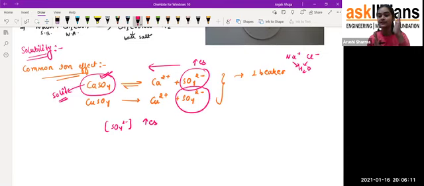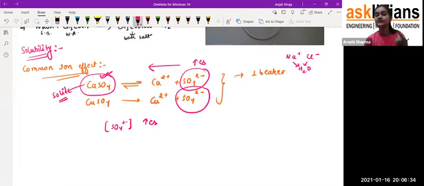If this side is increased, there must be some process so that both become equal again, and then the equilibrium condition will be there. That is Le Chatelier's principle: it will try to shift the equilibrium in that direction so that they are equal to each other.